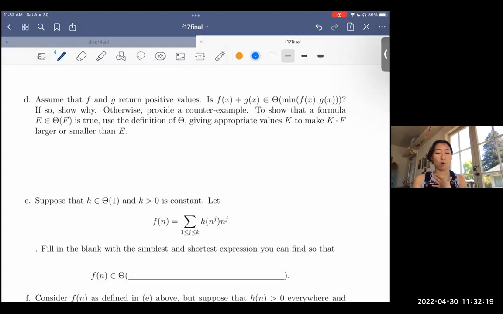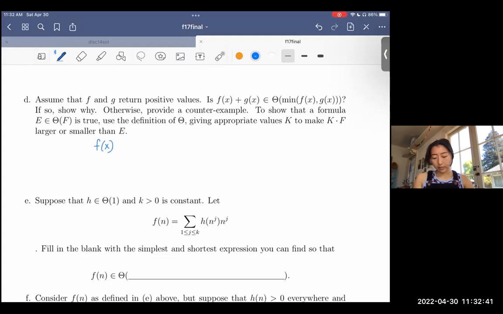And my thought is we should try to come up with a counterexample, because my gut instinct is, well, adding 2 things sounds like it could definitely be bigger than the smallest of the 2 things, right? And so let's think about, what if f was constant and g was, I don't know, n squared, right?